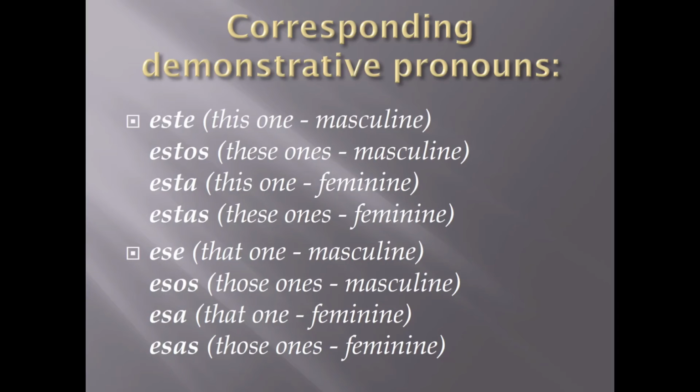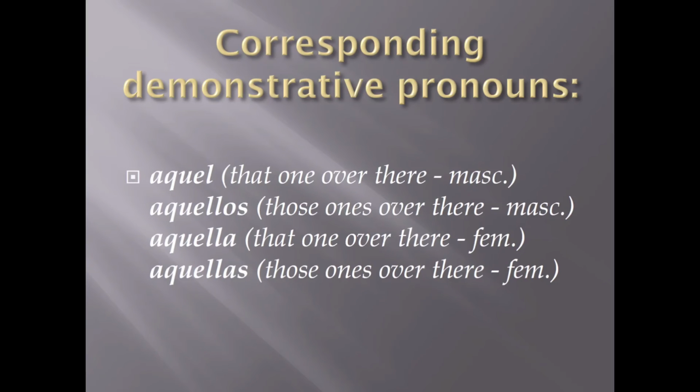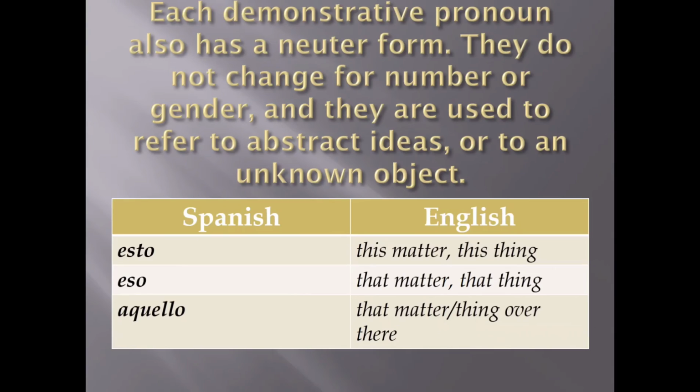Another one, we have ese and esos, that one and those ones, esa and esas, that one and those ones. For the ones that are far from the speaker and listener, we have aquel for singular, aquellos for plural, masculine, aquella singular, aquellas plural, feminine.